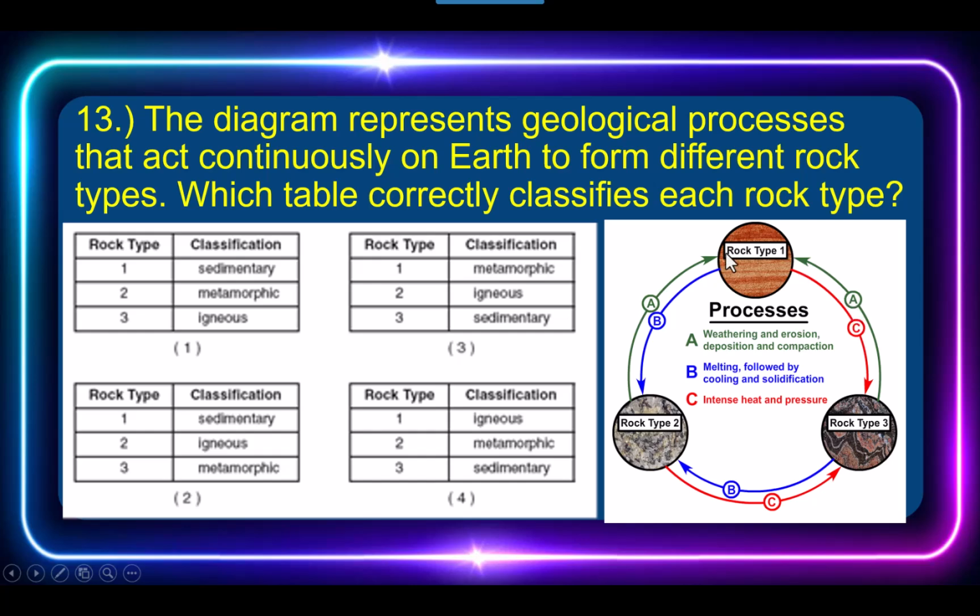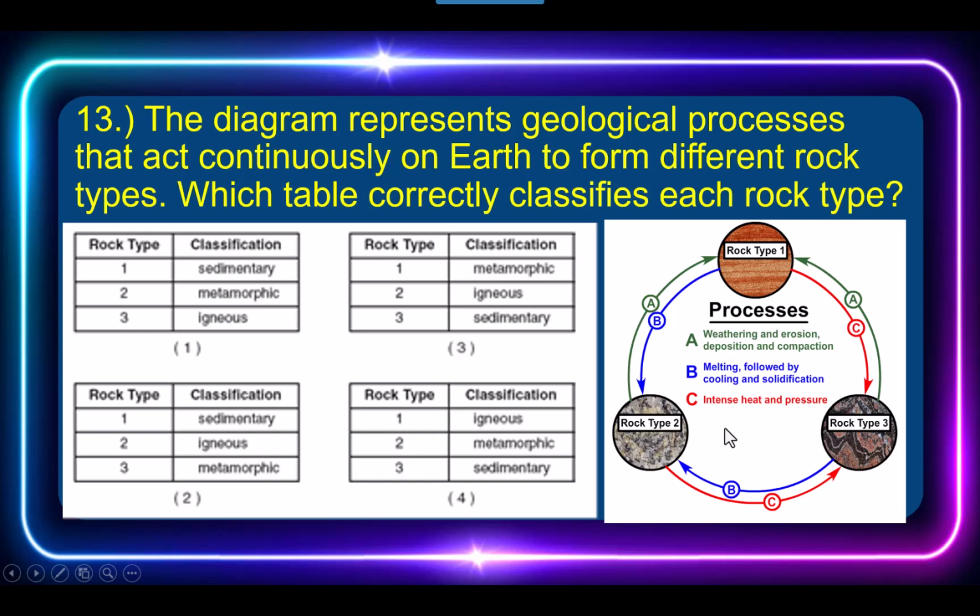So to form rock type 1, you need weathering and erosion, deposition, and compaction. Rock type 2 has the processes B, melting followed by cooling and solidification. So in order for rock type 2 to form, you need melting followed by cooling and solidification.